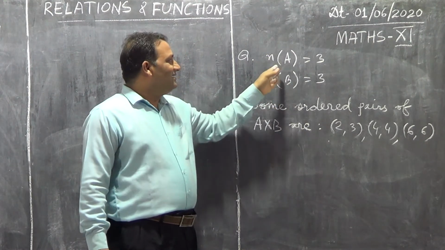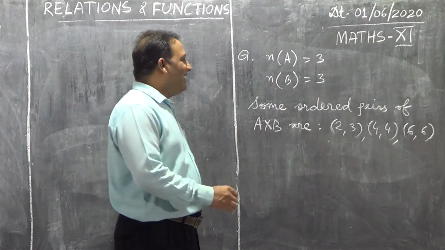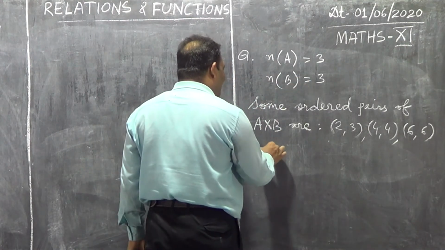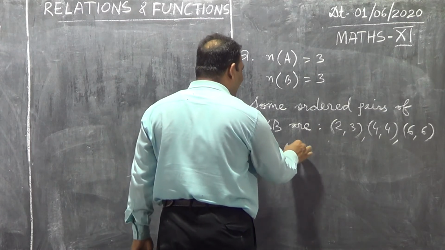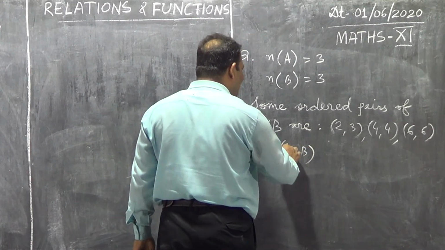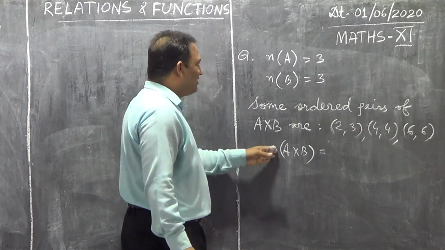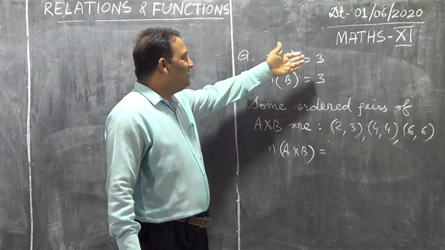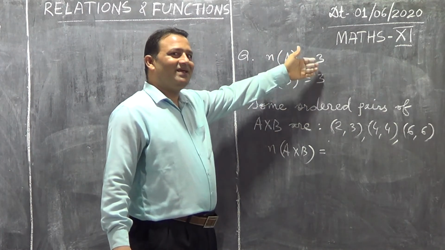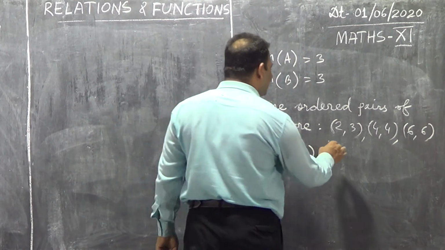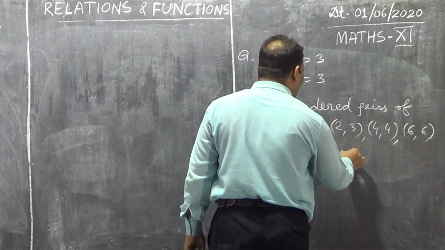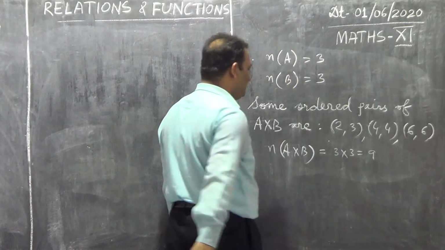Can you tell in A cross B, how many elements will be there? N into M, that is 3 into 3, 9 ordered pairs will be there.